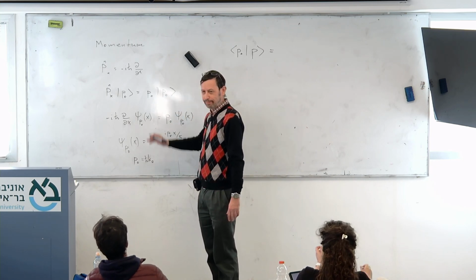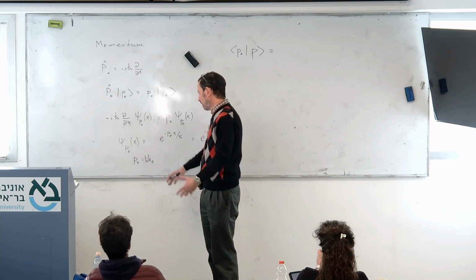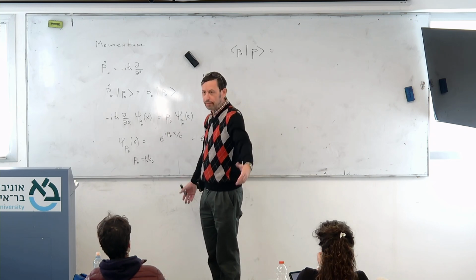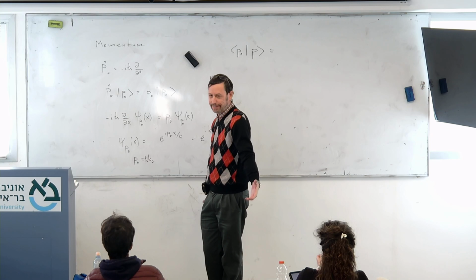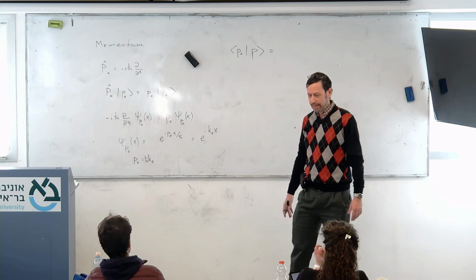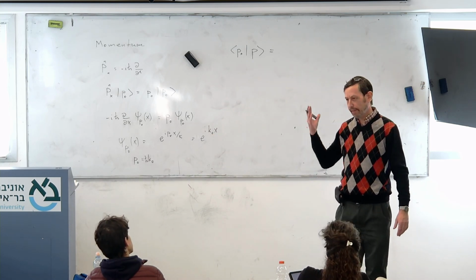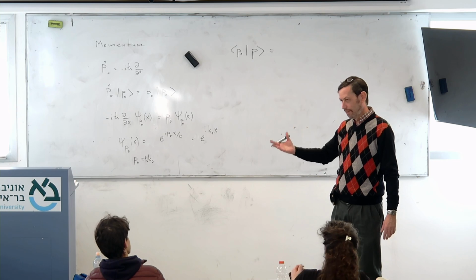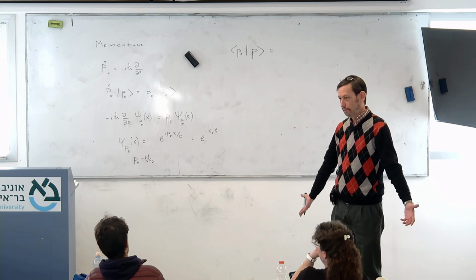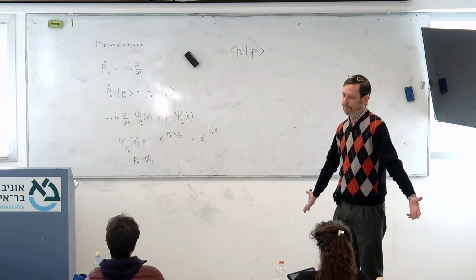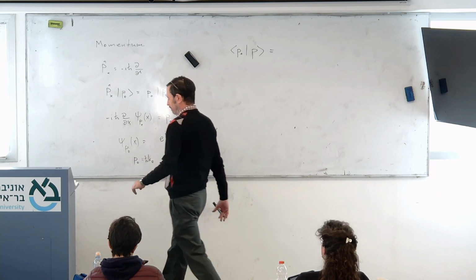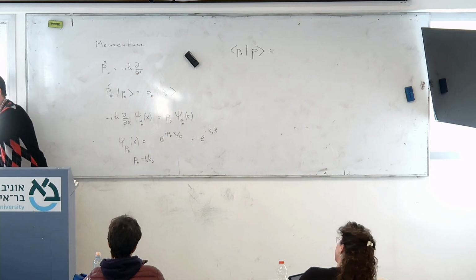No, I mean for K. I can define it if I feel like it. Completely okay. I can measure momentum, or I can measure K. Yeah, you just divide by h bar. Same way. But it's weird.